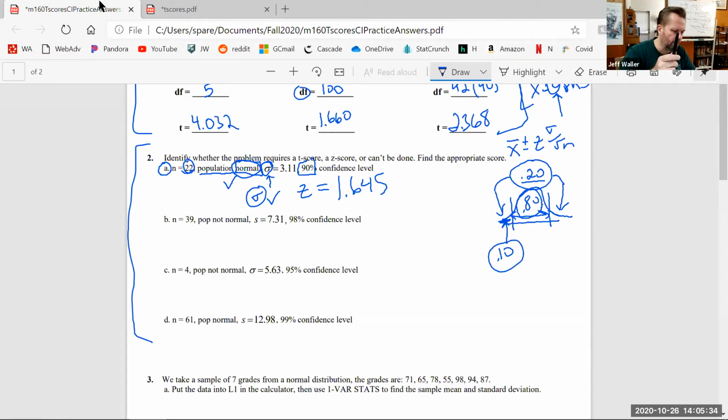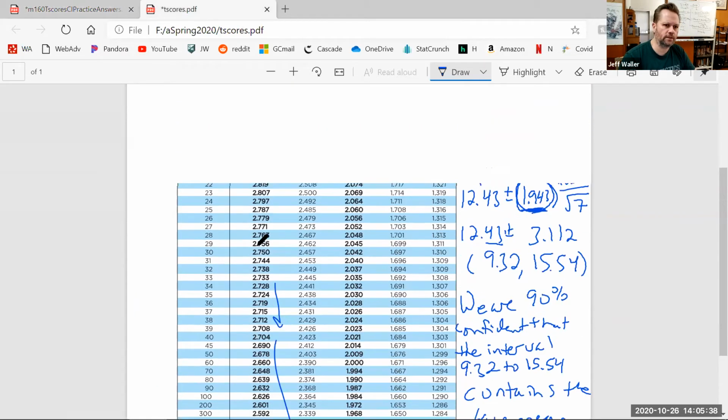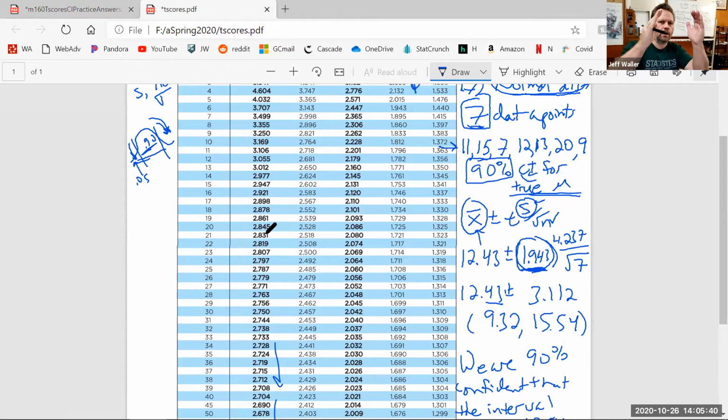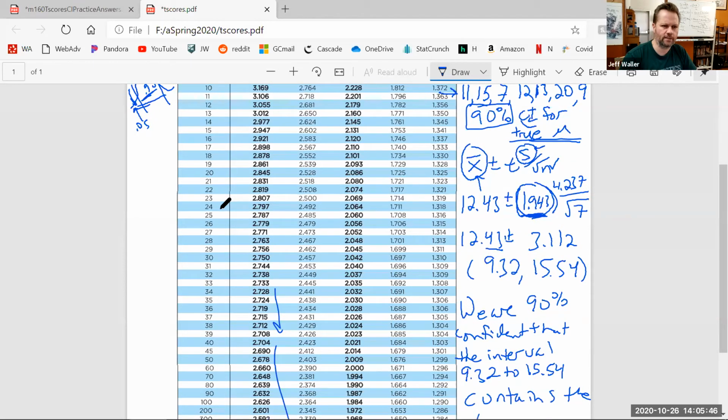Can you explain that one more time? Remember, the reason T-scores exist is to cover me for the fact that I don't know something. If I don't know sigma, I have to use an approximation, S. When does S get better as an approximation?